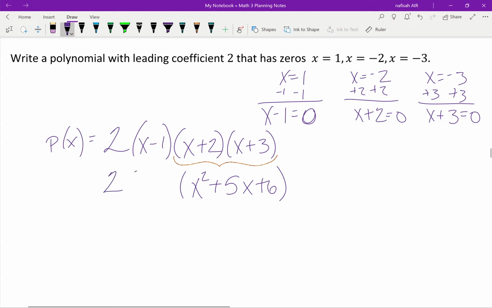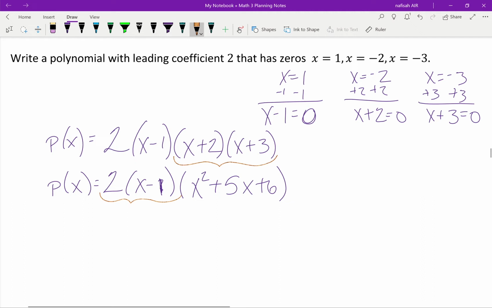I still have a 2x minus 1 that I'll need to multiply. Because again, I'm just trying to multiply the factors out until I get it in standard form, which basically means no parentheses. All right, so now I'm going to take these right here and multiply them together.